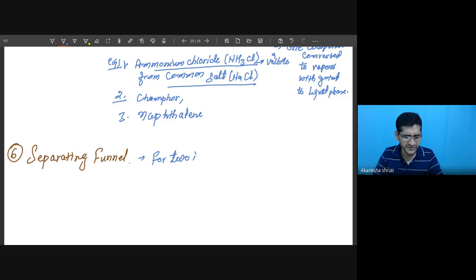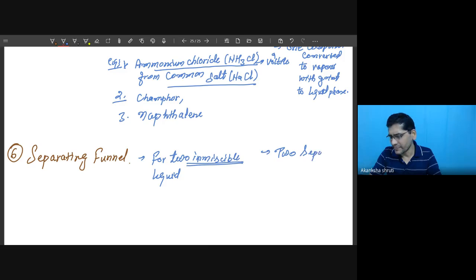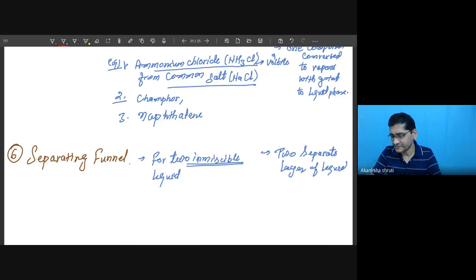So it is used for two immiscible liquids. This you have to keep in mind. Immiscible liquids are not able to intermix, so two separate layers form, and the two layers of liquid are drained carefully.